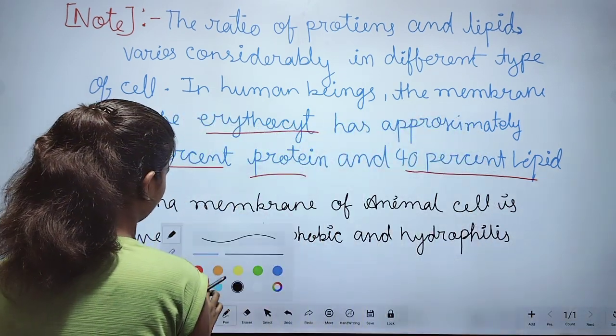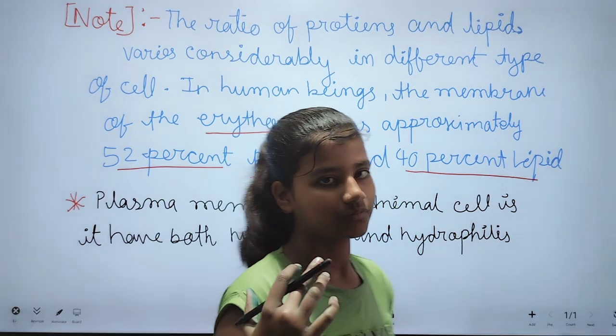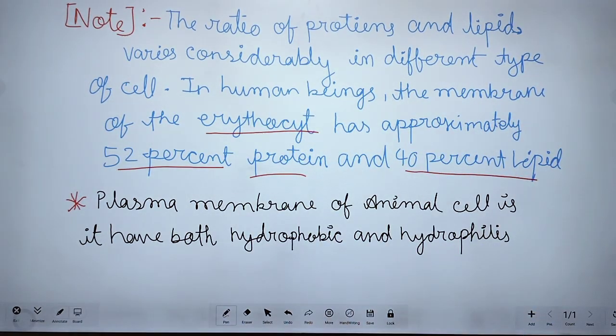Okay, and the next point is that in a plasma membrane of the animal cell, it has both hydrophobic and hydrophilic.